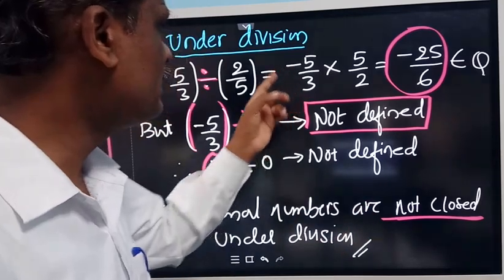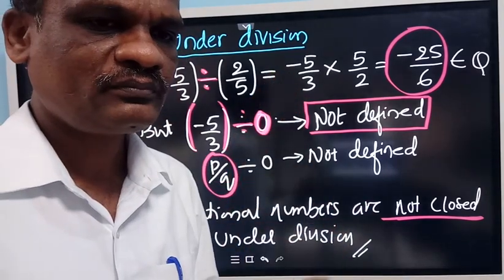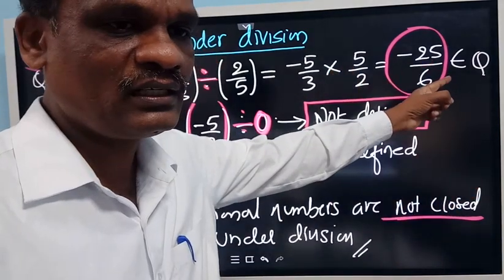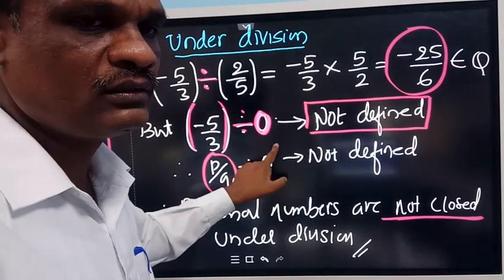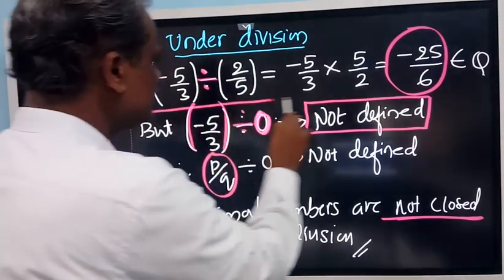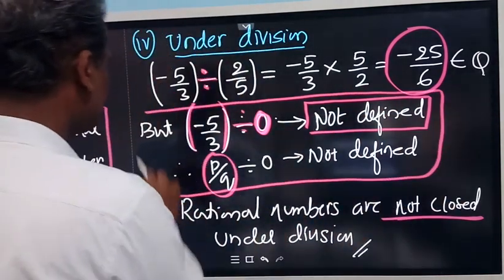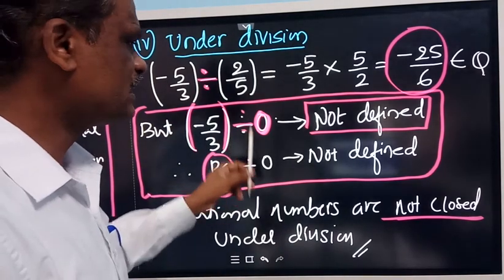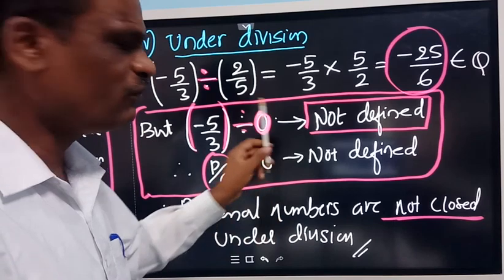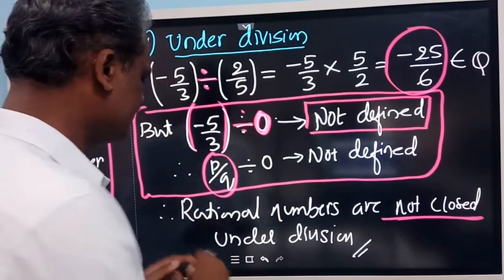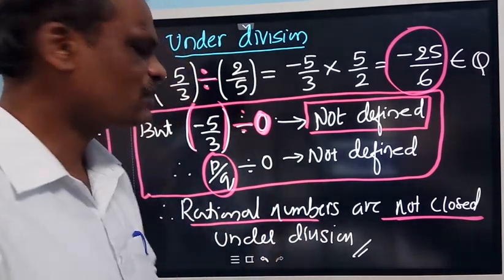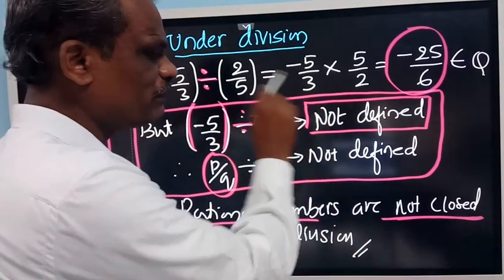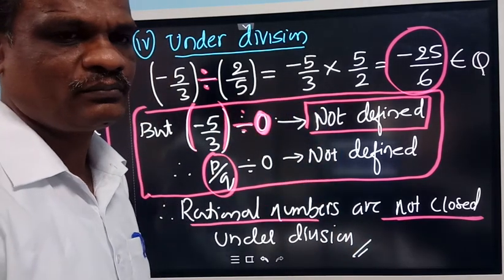The last property, under division, selected two rational numbers, divided and you got a rational number for all numbers except 0. So this 0 is not allowing the rational numbers to become closed here. Because of this 0, the rational numbers are not closed under division. Only because of 0, this property is not possible here.